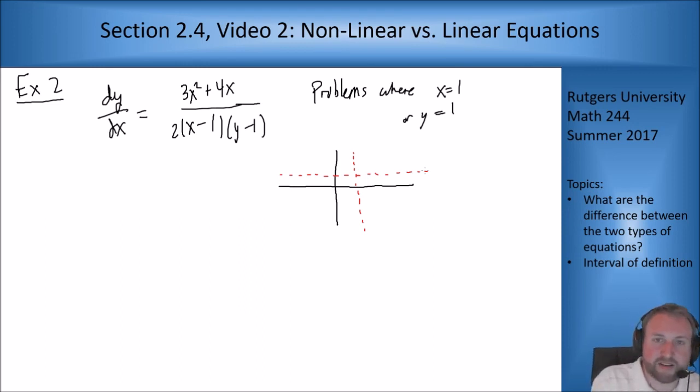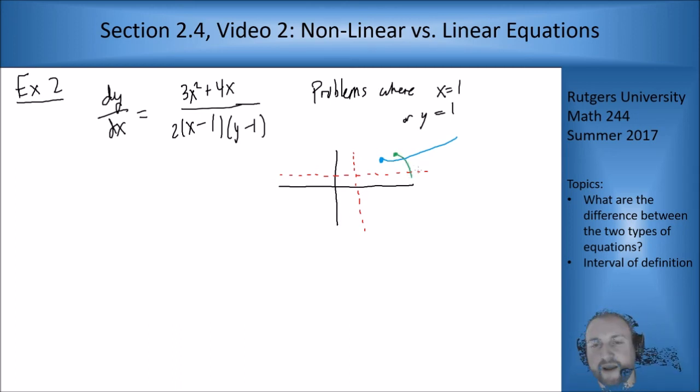But the issue is no matter where I start in x, say I start here, until I solve the problem, I have no idea if or how quickly I'm going to hit this line. I could just go like this and not hit it ever, or there's a possibility that I could just start here and dive down and hit the line right away.